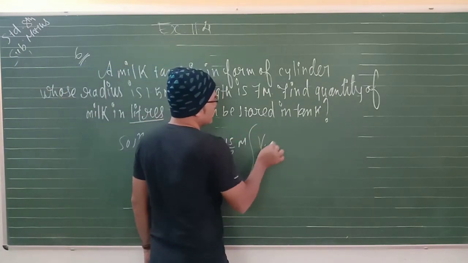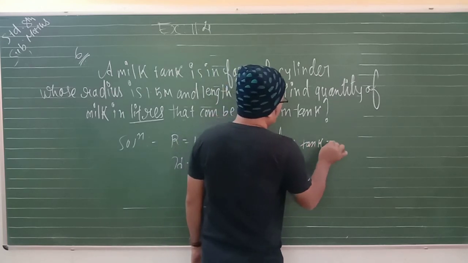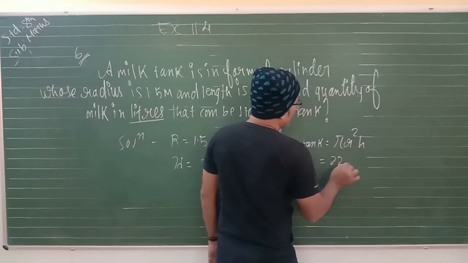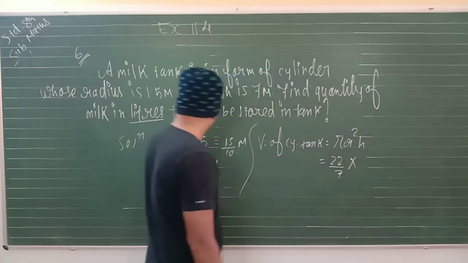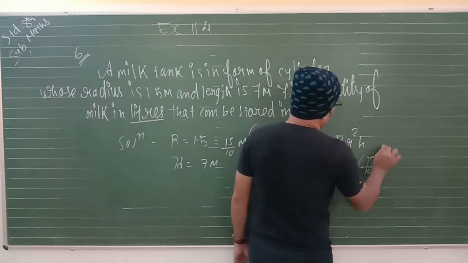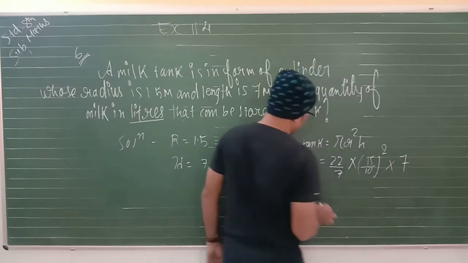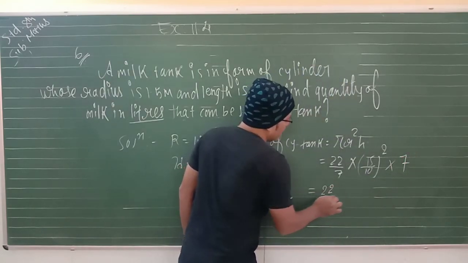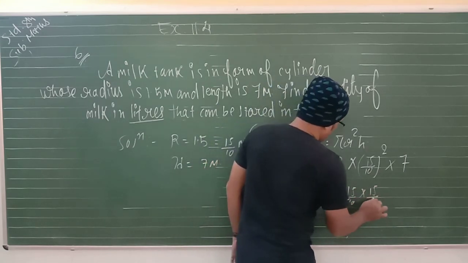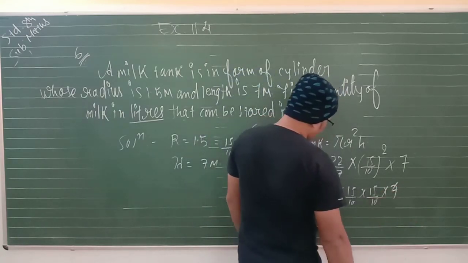So volume of cylindrical tank will be pi r square h. 22 upon 7 into r means 15 by 10 whole raised to square into your height is 7. So 22 upon 7 into 15 upon 10, 15 upon 10 into 7. 7 7 cut.